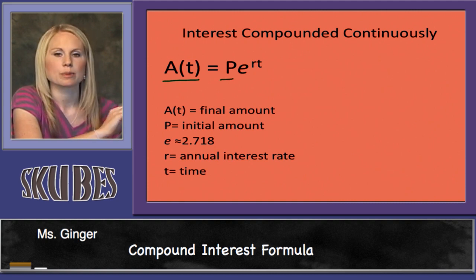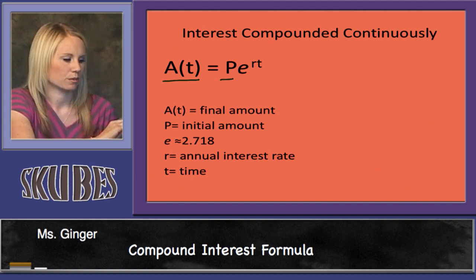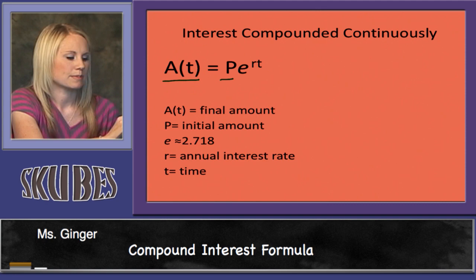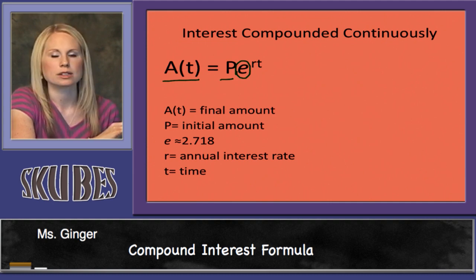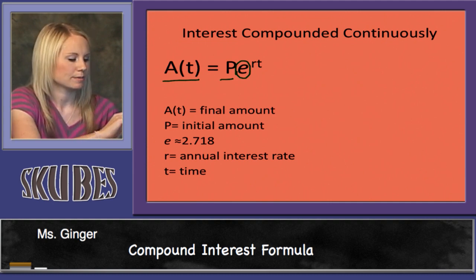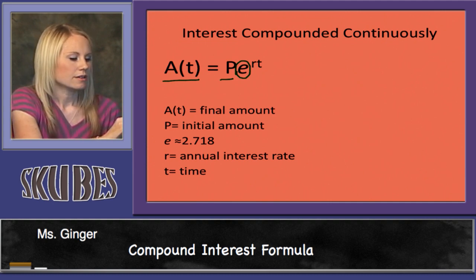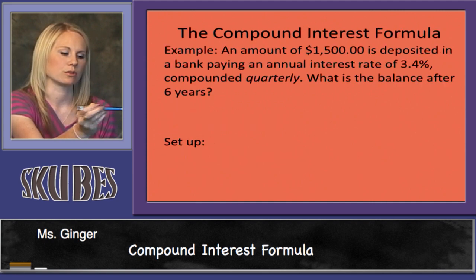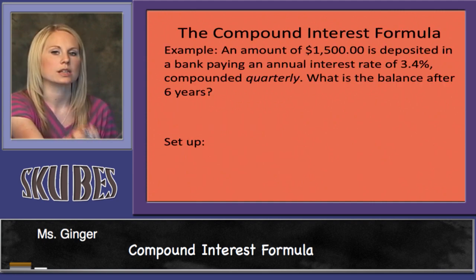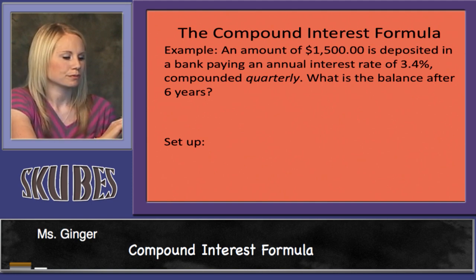The p is still going to represent the initial amount that you start with. But here we're going to use this base of e, which is just a special number in math, sort of like pi. E is approximately equal to 2.718. The r here is our rate, once again, and the t is our time that has passed. So we'll be on the lookout for those words compounded continuously for when to use that formula.